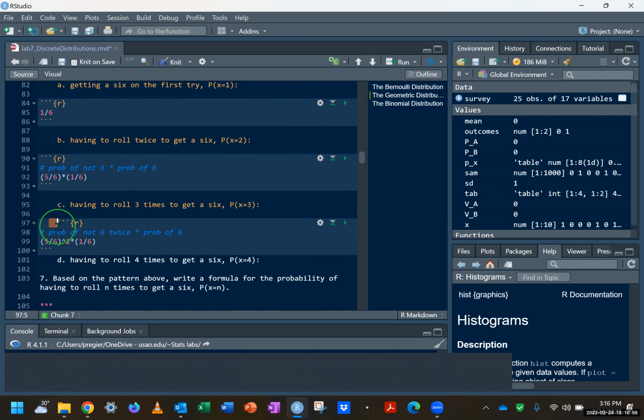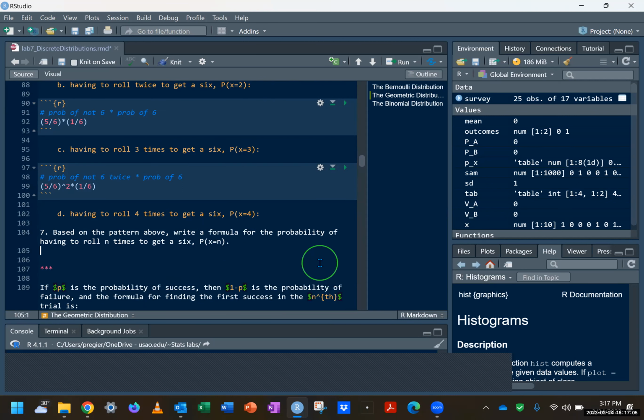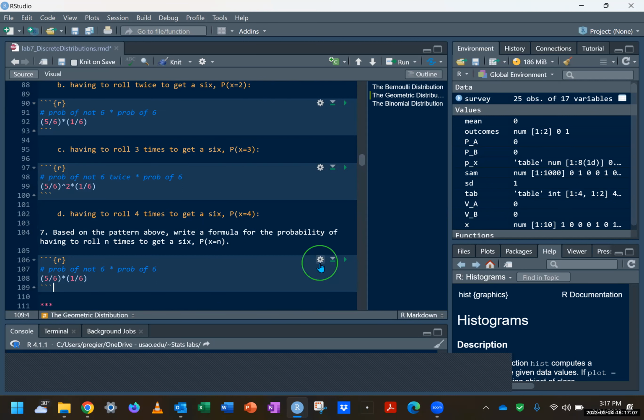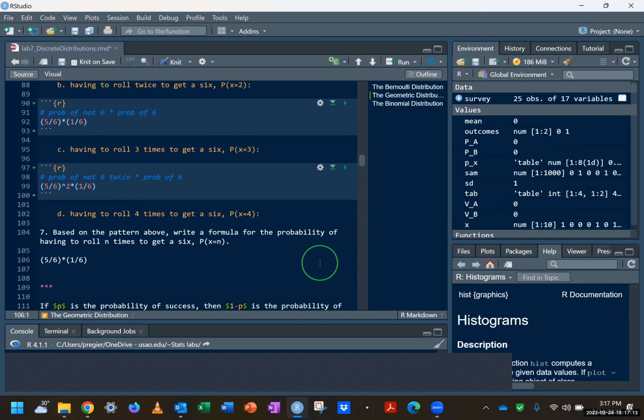And then based on this pattern, we want to know, what's the pattern here? What's the formula? And so I'm going to write this not as an equation, because I just want to make it a formula. The pattern is I roll the dice n times and get a 6 for the first time on the nth try.